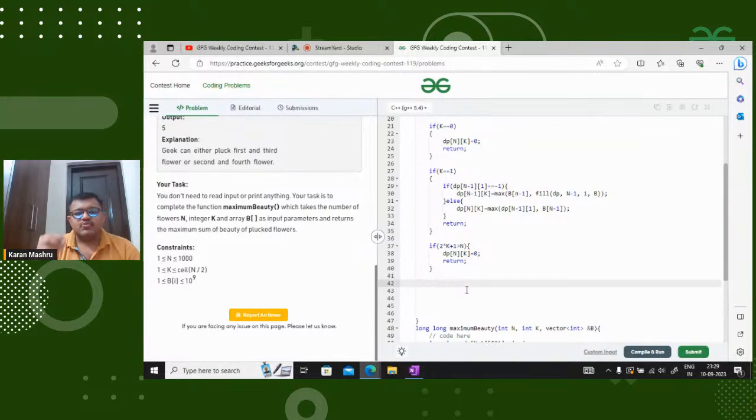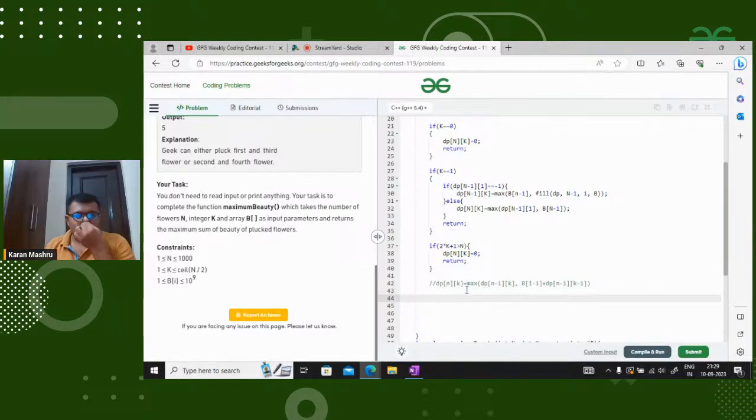Now the last case would be dp of n k, right? So if I write in the comments, dp of n k is equal to max of dp of n minus 1 k, comma b of i minus 1 plus dp of n minus 1 and k minus 1, right?